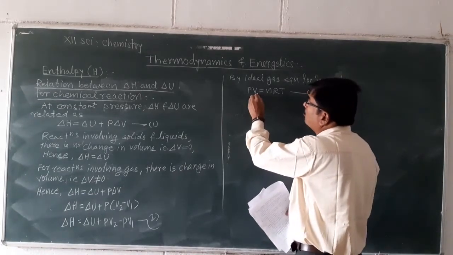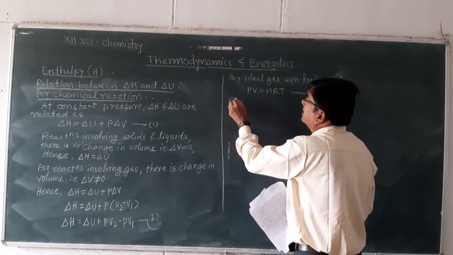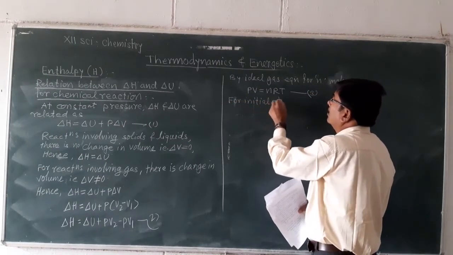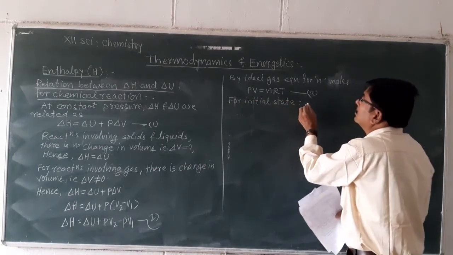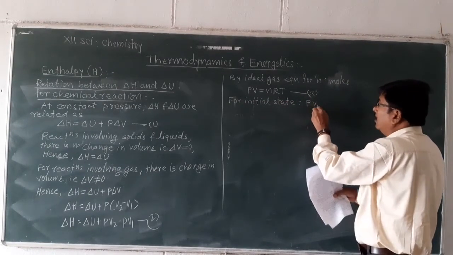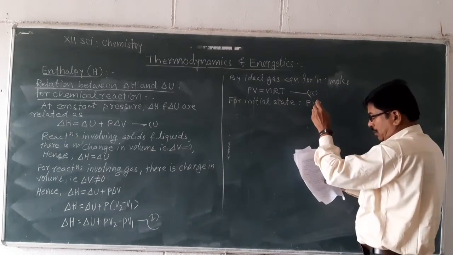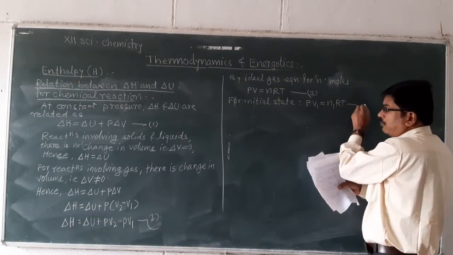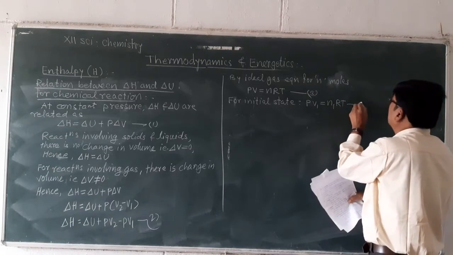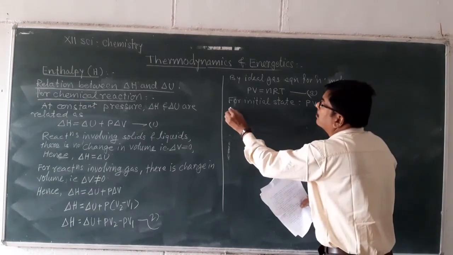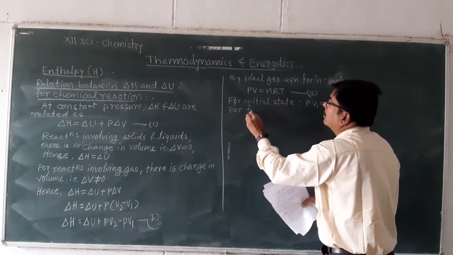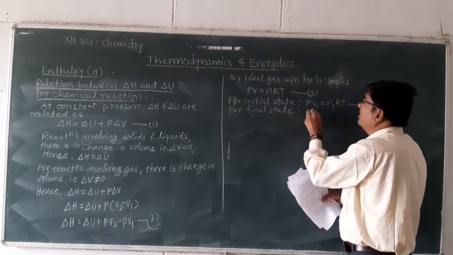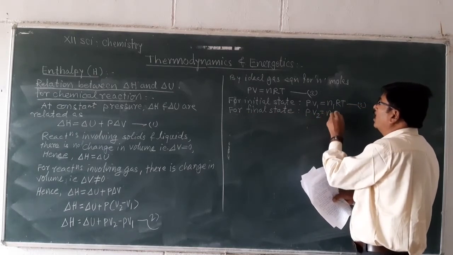This equation can be modified for the initial state as PV1 is equal to N1RT, and for the final state as PV2 is equal to N2RT.